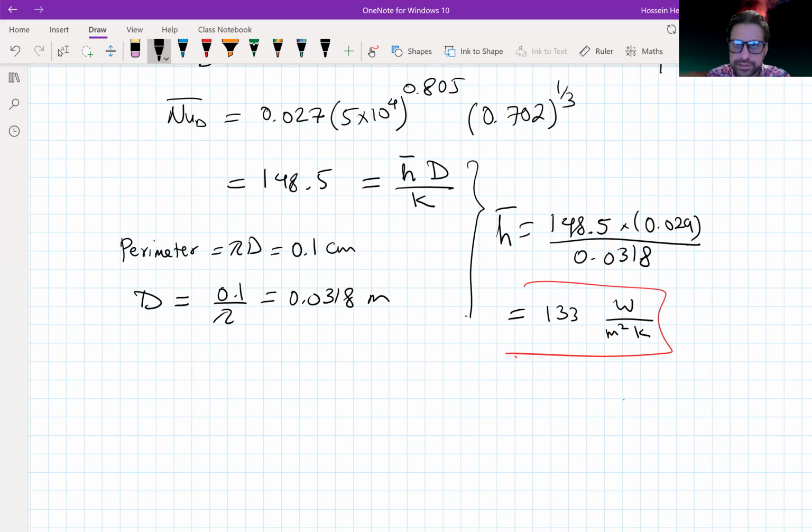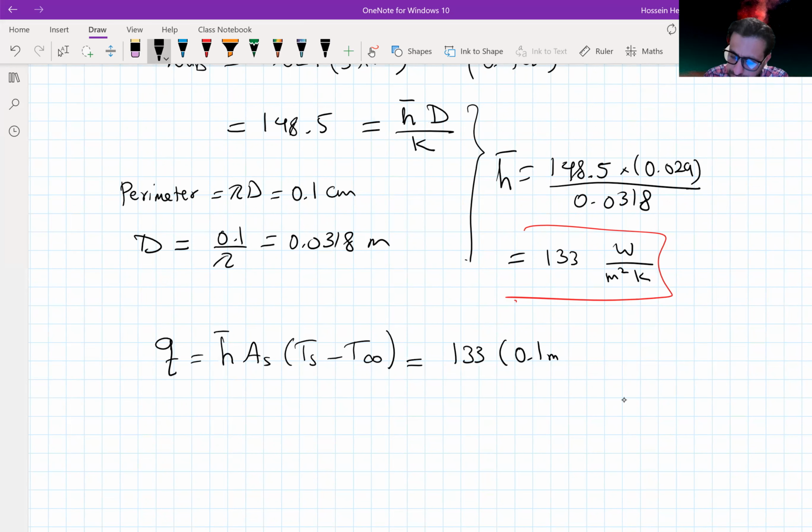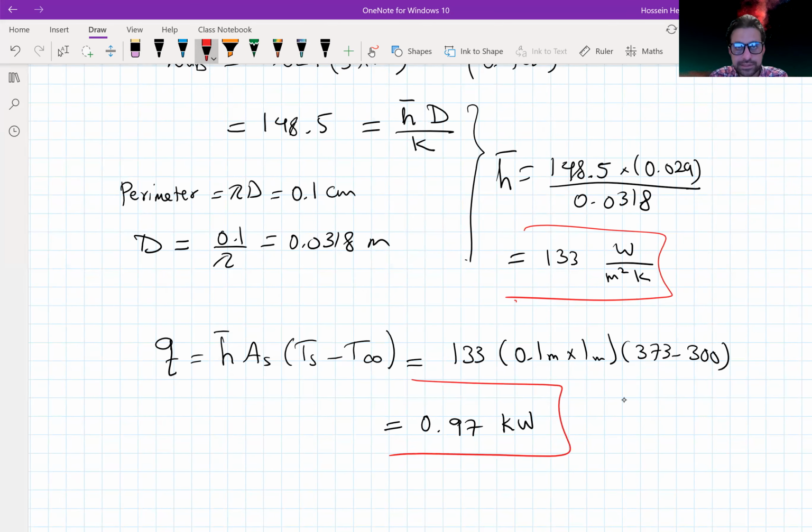This is h for the first case, and we can find Q. It's going to be h, the area available to the flow, Ts minus T infinity, and it's going to be 133 times 0.1 meter times 1 meter of length, times 373 minus 300. So Q is going to be 0.97 kilowatt. That's for the case of cylinder.